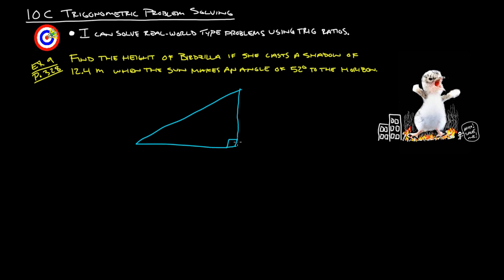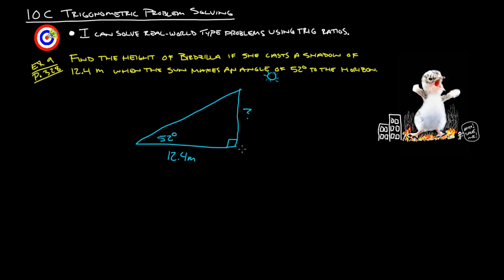Here's our right angle here. This is Birdzilla's height. She casts a 12.4 meter shadow. So basically the sun is up here casting this shadow off the top of Birdzilla, and when the sun makes an angle of 52 degrees to the horizon. So we want to figure out what that is there.